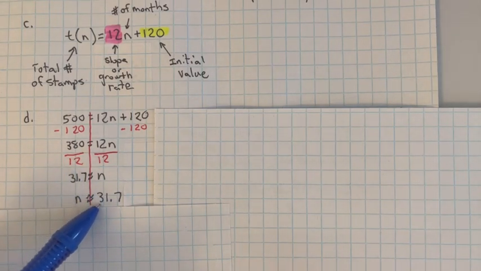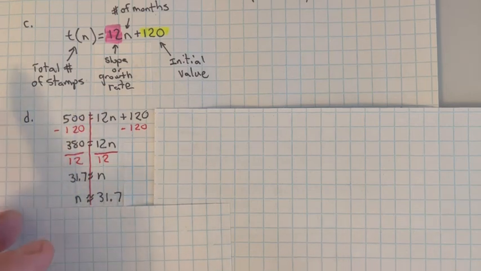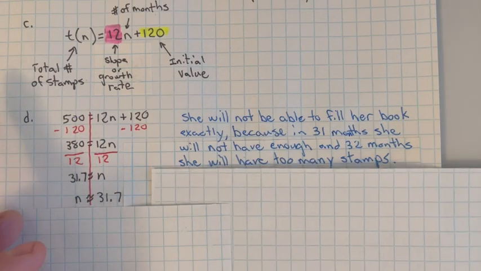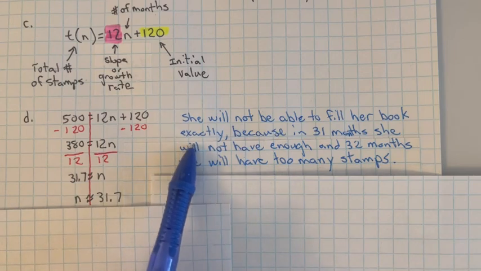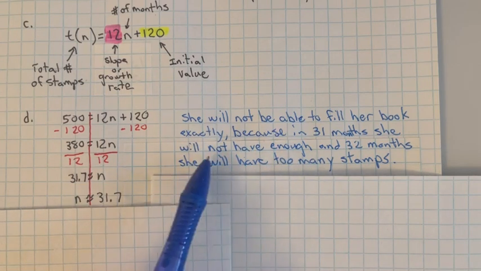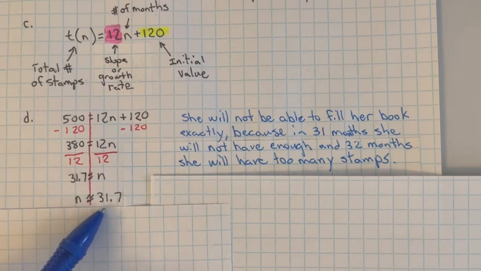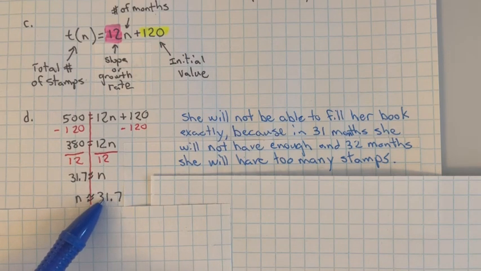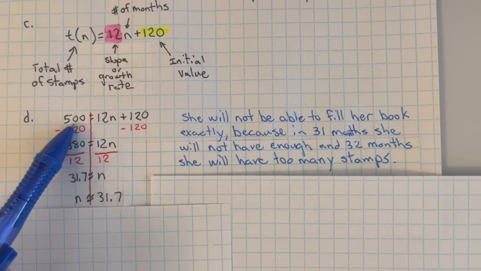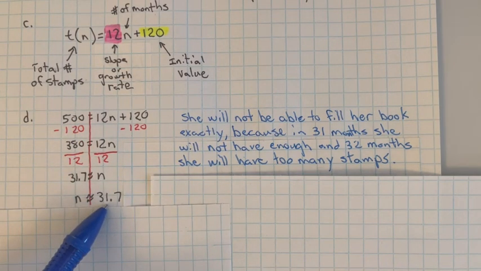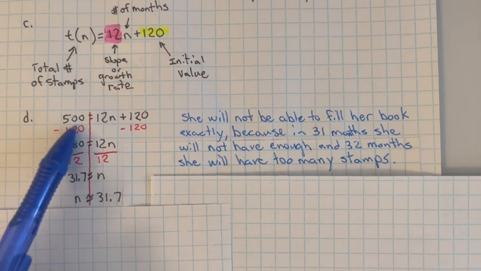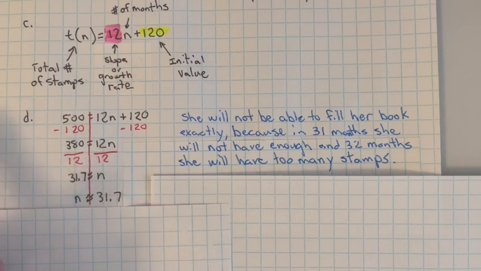Well, if it takes 31.7 months to get 500 stamps, she will not be able to fill her book exactly, because in 31 months she will not have enough, and in 32 months she'll have too many stamps. So 31 months doesn't give her 500 stamps, and it'll take her to 32 months to get more than 500 stamps. So that will be too many.